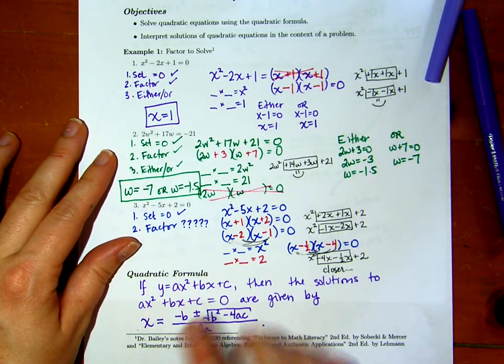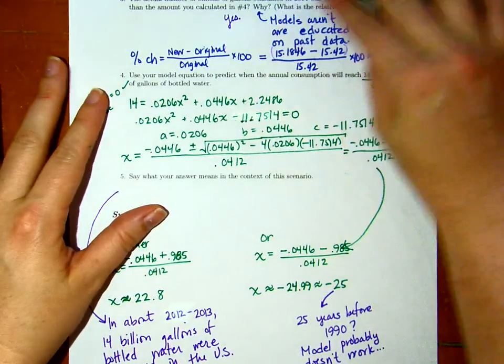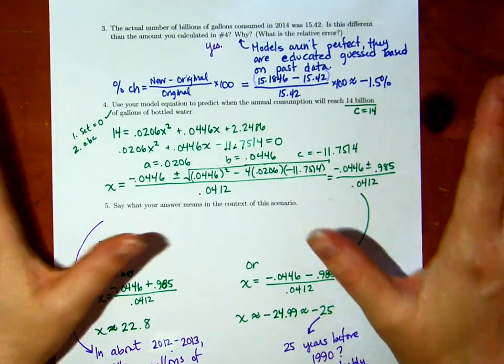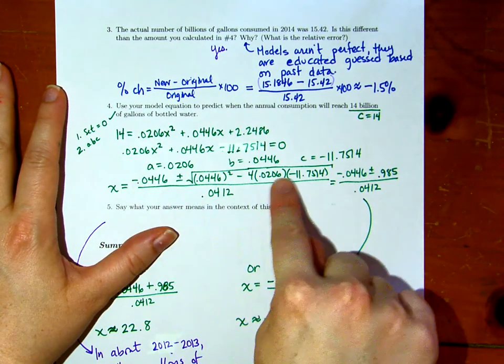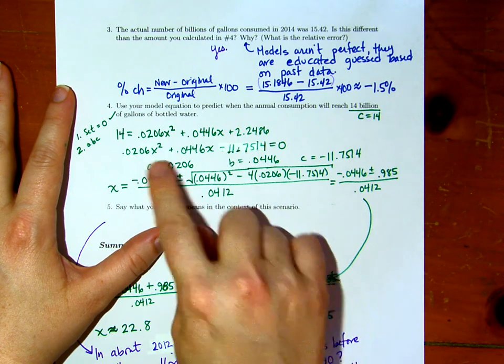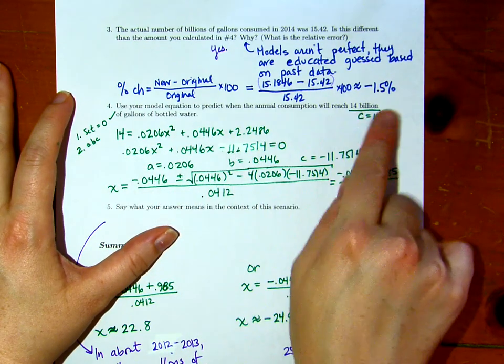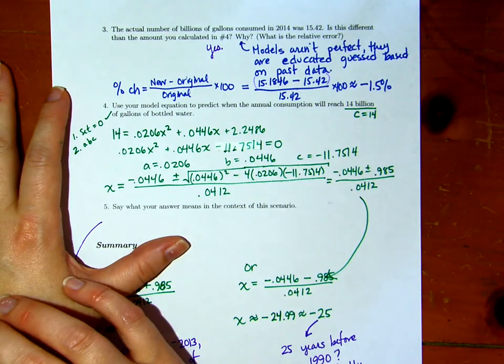So here's a formula that you are definitely going to use. And at the end of the day, we really wanted to write down how can we use it, because here is a true reality of the use of this formula, where we had to find out when are we actually consuming 14 billion gallons of water?